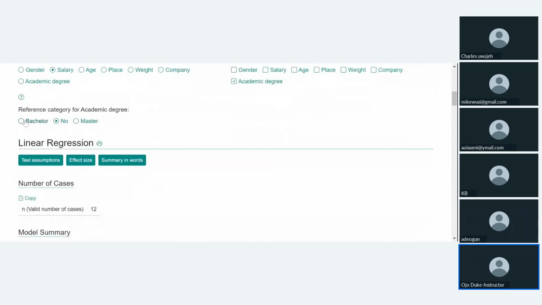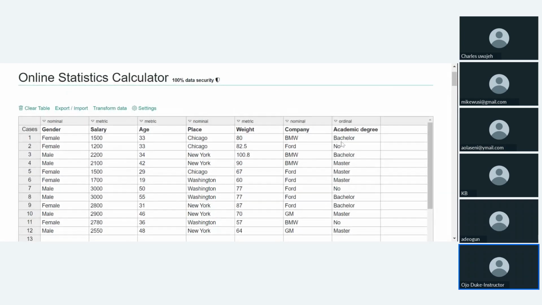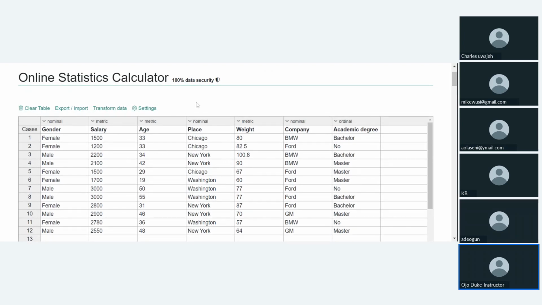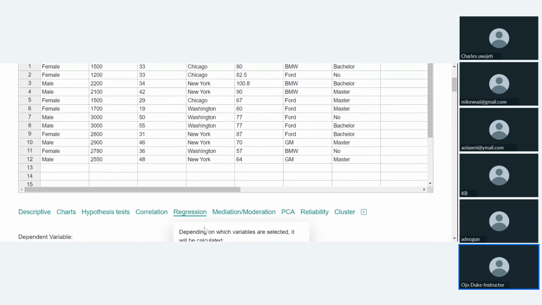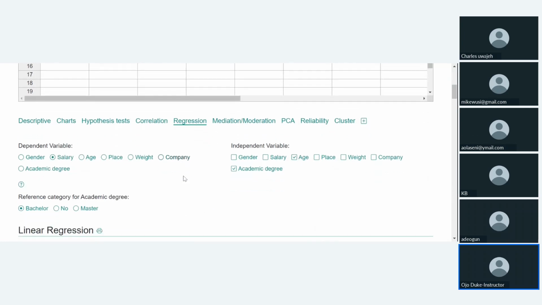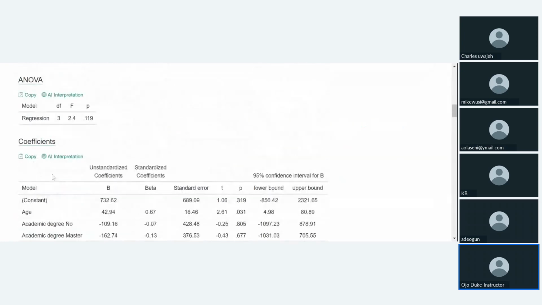Academic degree, masters, I don't know where this starts. Let's see how many degrees we have here. We have bachelor's. I think we should use another comparison here. Let's compare age and salary. Age is the independent variable, and salary is the dependent variable. How does that compare? You can do that simulation here.